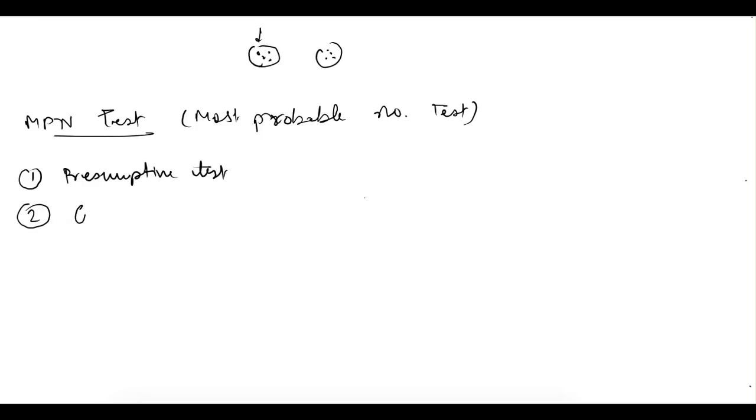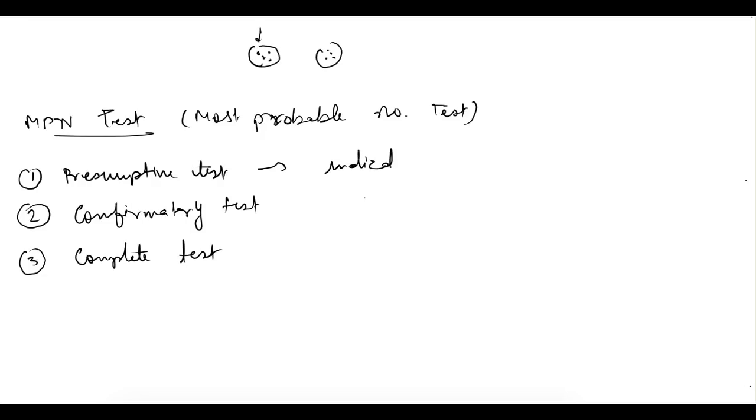Next is the confirmatory test. And the last one is the complete test. The presumptive test is done to indicate that there is a possibility that coliform can be there.